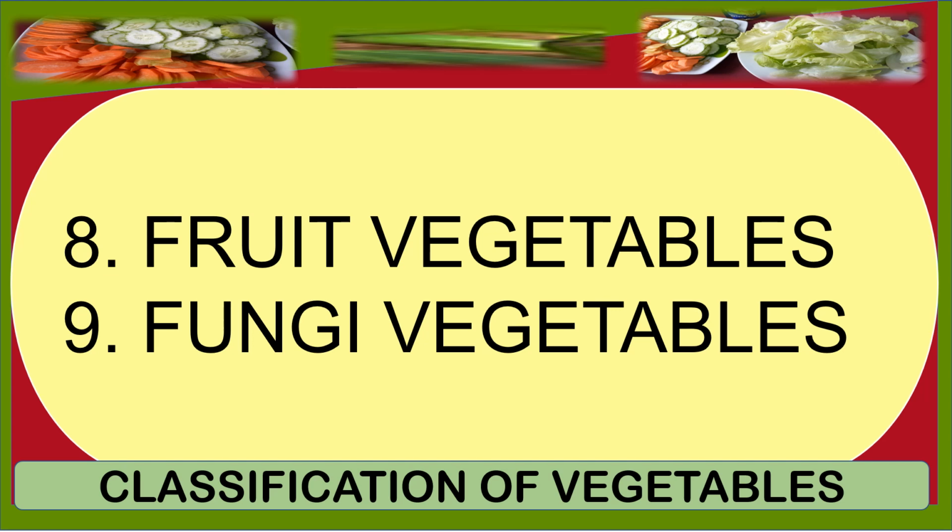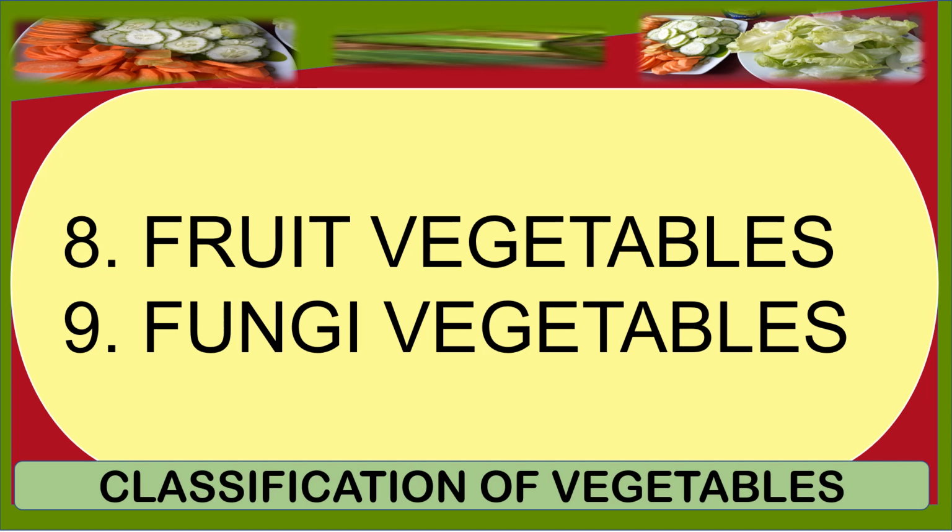Examples are the tomatoes, the bitter gourd, the eggplant, bell peppers, winter melon, chayote, and any plants that bear fruits that we use as vegetables. So those belong to this category.